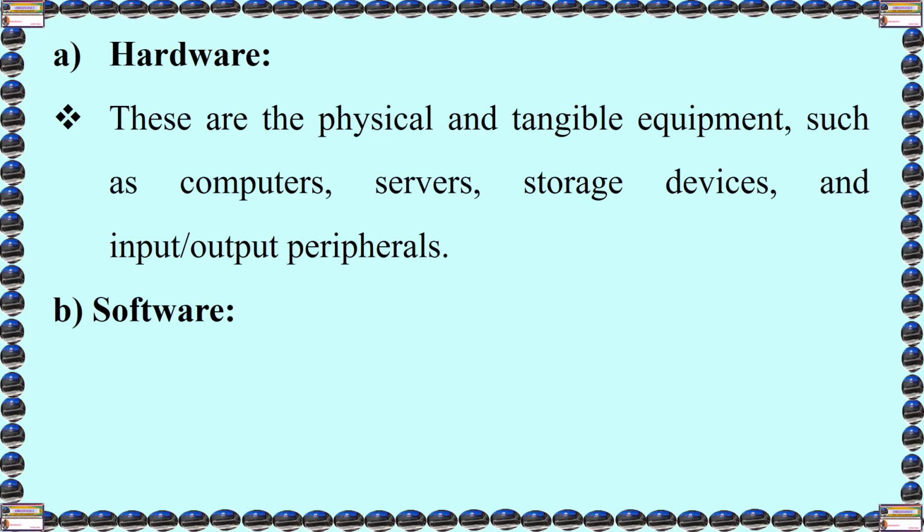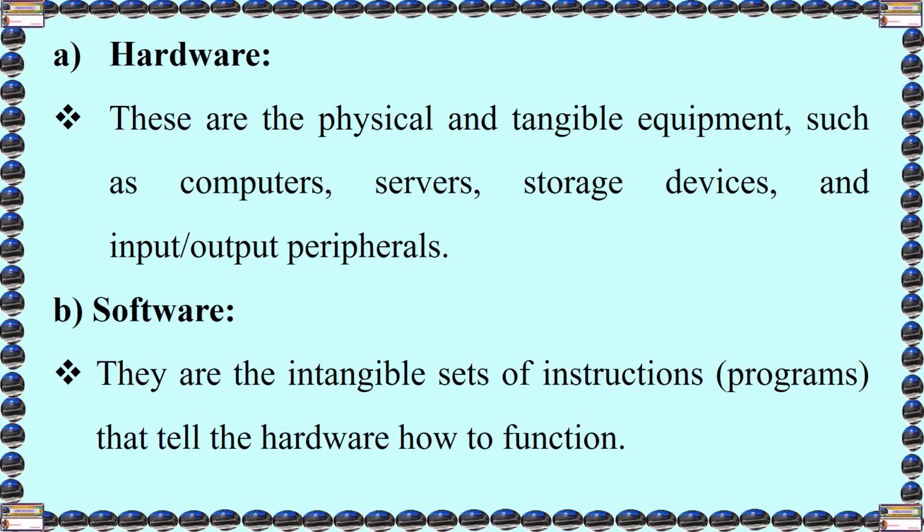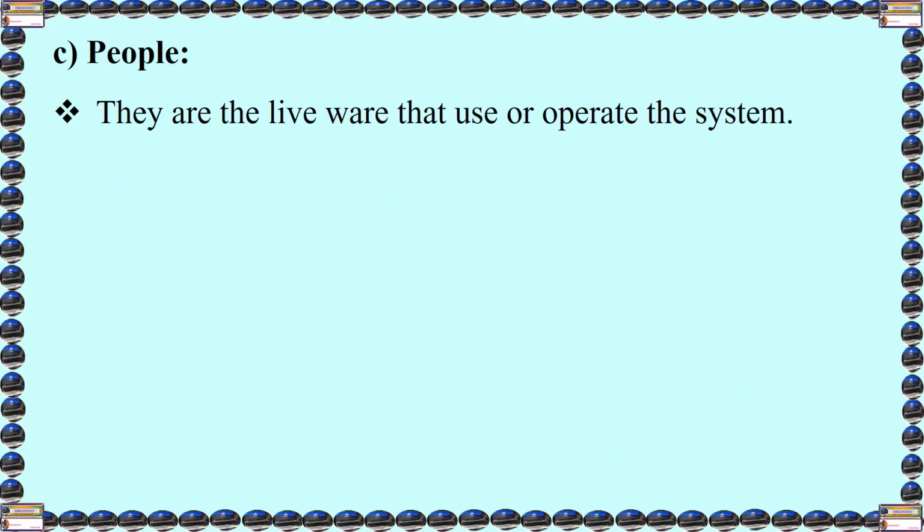Number two is software. These are the intangible sets of instructions or programs that will tell the hardware what to do and how to do it. So whatever the system does, it's supposed to be guided accurately. And what guides it? A software. Then we have the people. These are the ones who give the instructions to the system on what is supposed to be done. They are the ones who key in the data.